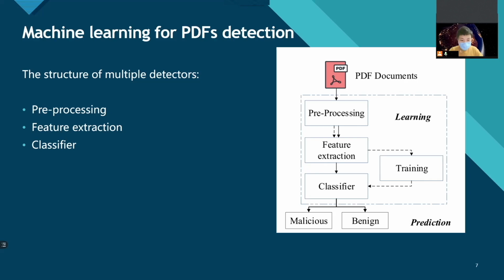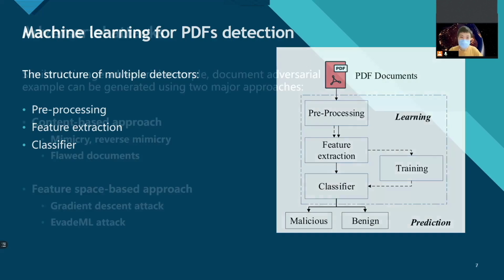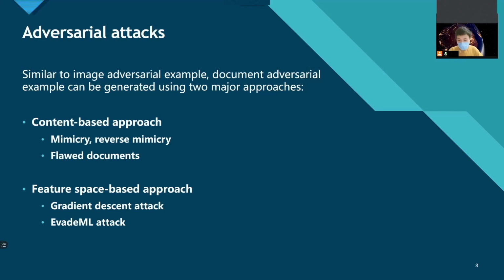Like image adversarial examples, document adversarial examples can be generated using 2 major approaches: content-based approach and feature space-based approach. The former mainly includes mimicry, reverse mimicry, and flawed documents, while the latter is represented by gradient descent attack and evade ML attack.